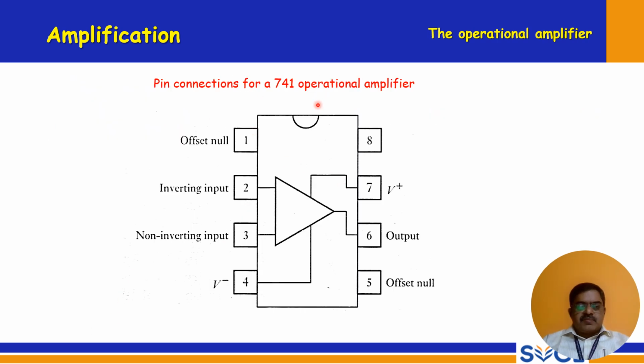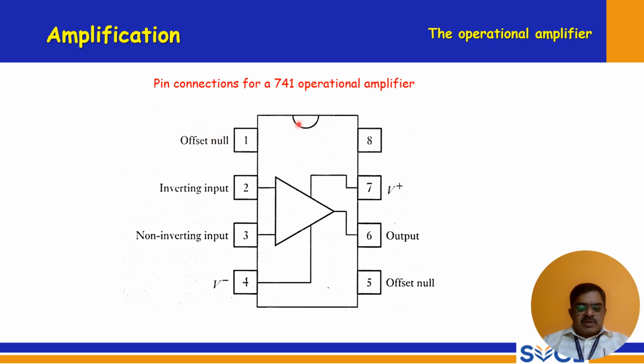So this is the 741 operational amplifier. This is the type, and this is the symbol for the operational amplifier. It has two terminals, non-inverting and inverting, and the other terminals like positive voltage, output, offset null, negative voltage, and offset null. This is the notch.